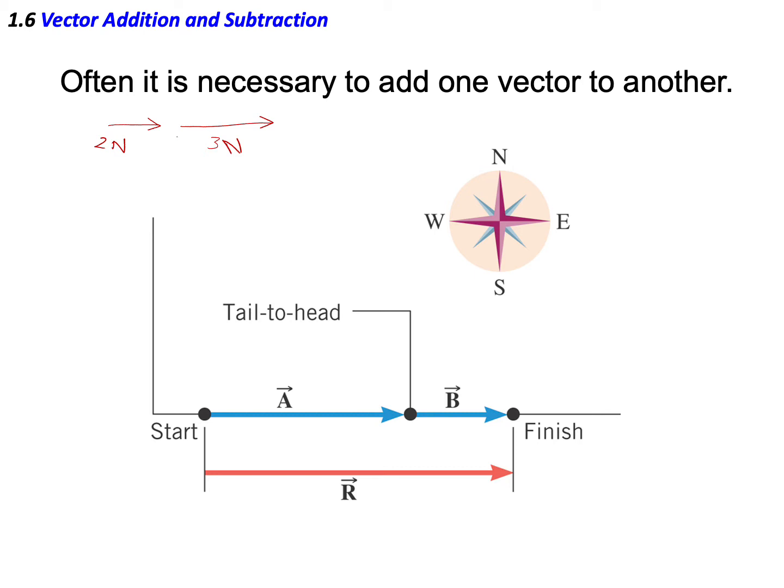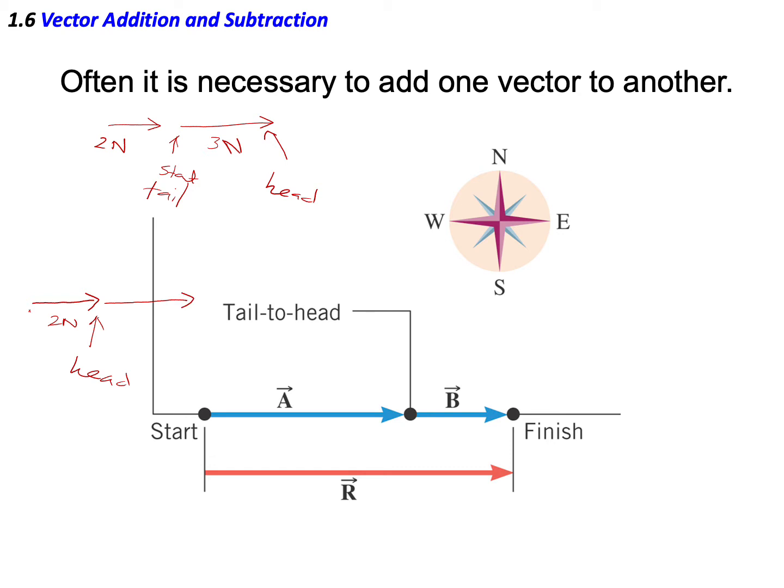You have to follow a certain pattern. This is the starting point, or tail, and this is the head of this vector. You can take either one of these. Let's start with 2 N. Tail, head of the first vector you chose, which is 2 N. Then you bring the tail of the second vector right onto the head of the first vector.